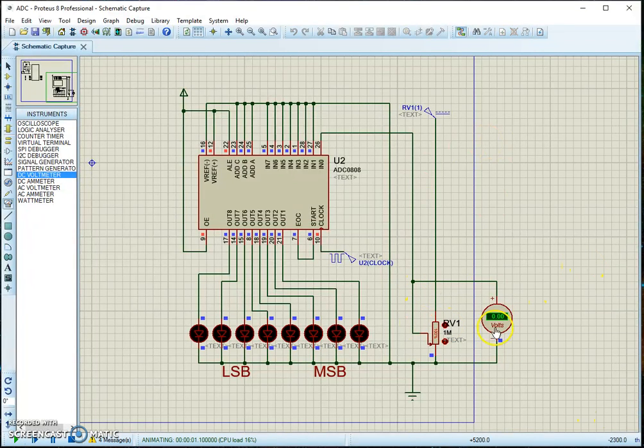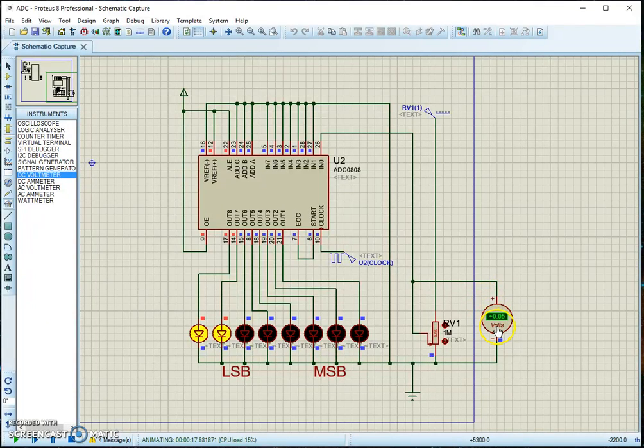Now, at this moment, we have 0 voltage. We didn't adjust the value of the variable resistor, so no bits are high, and no conversion is happening. Let's say I adjust the potentiometer so that we will have some voltage into our ADC.